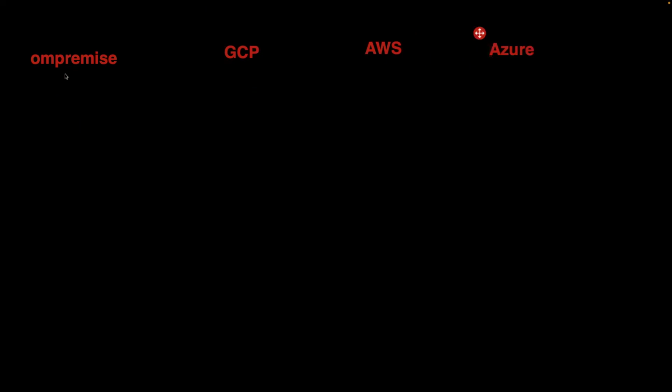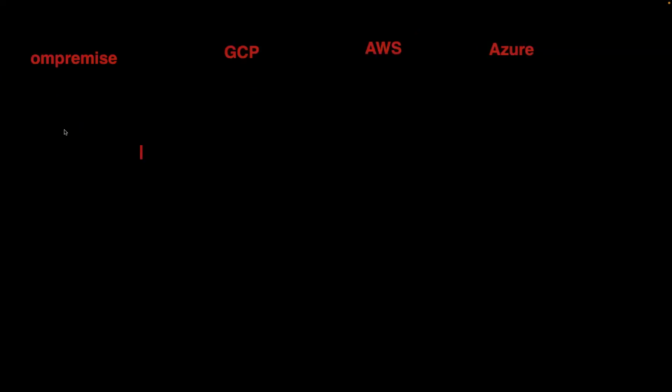The on-premise setup is a bit difficult and complex, where you need to configure everything from scratch, including creating the master node and worker node, and all the components should be installed from scratch, which is quite complex.